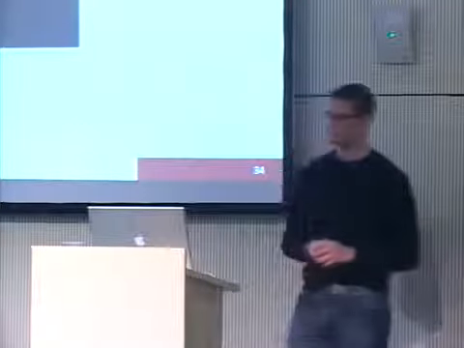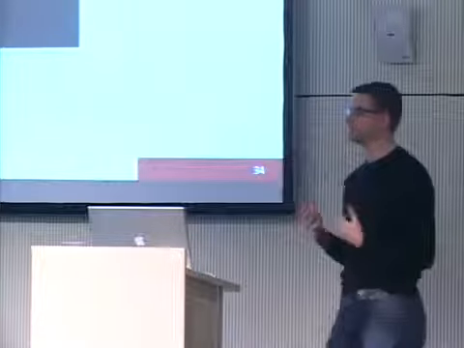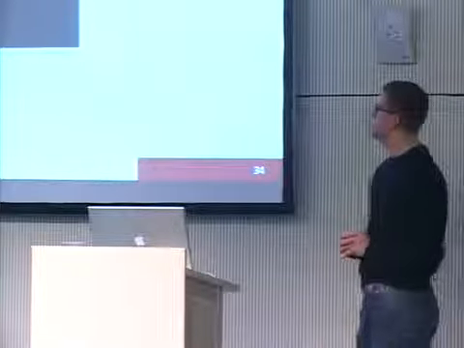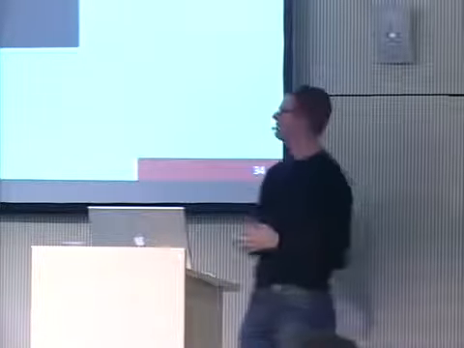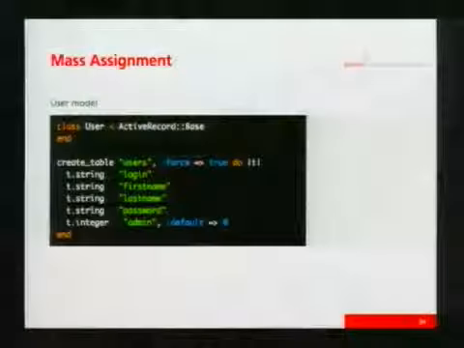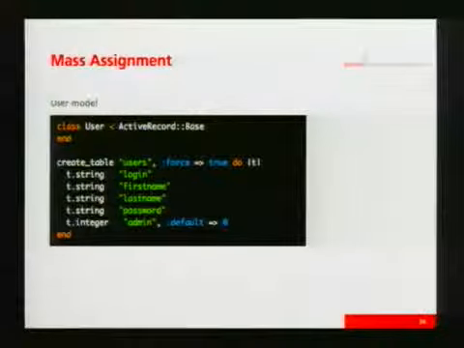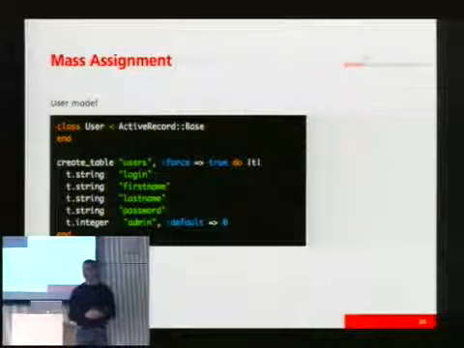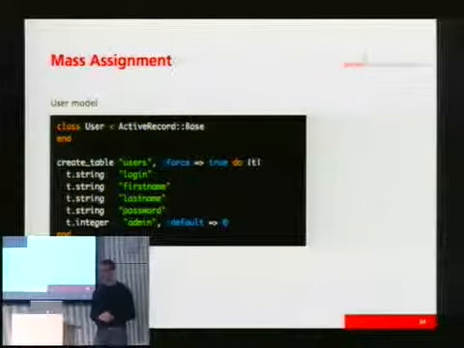Then let's look at something that is Rails specific: mass assignment. In Rails, by default, you're doing mass assignment. Let's look at a user, for example. You have a user object in your application. It has a login, first name, last name, password, and the important thing, an admin field that is either one or nil, depending on whether the user is an administrator or not.